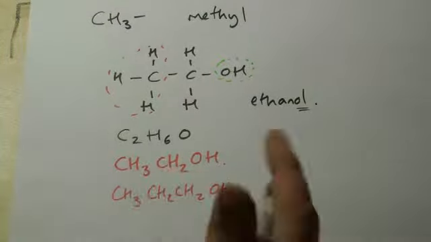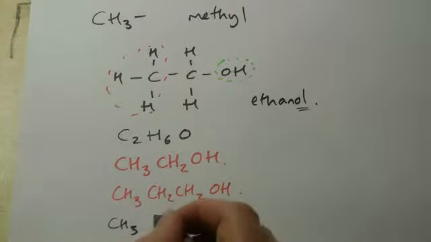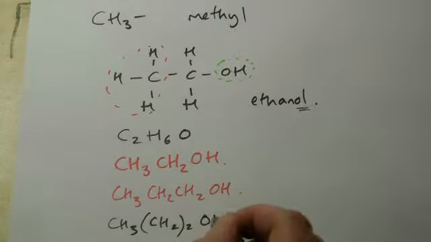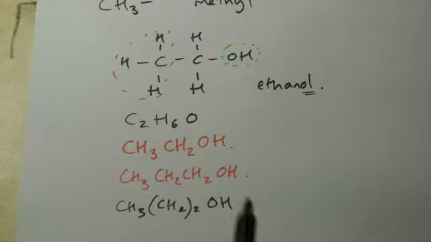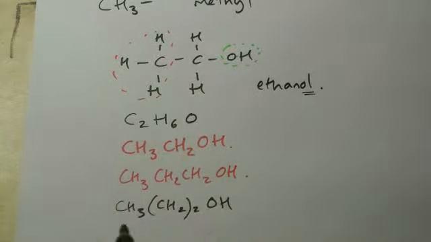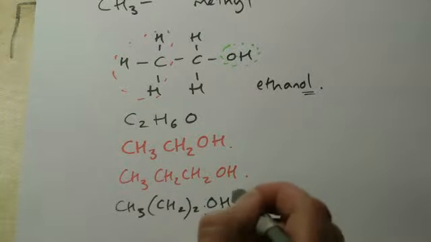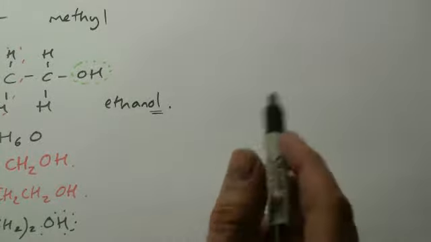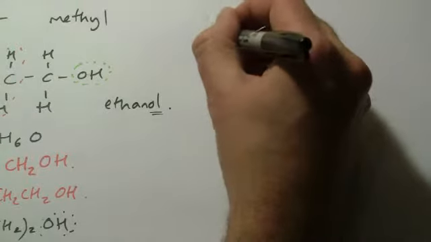I could, of course, write the same thing out like this, CH3, and use brackets, like in maths. I could write the whole thing out in this empirical formula, but it's not as useful to me as doing it like this. So methyl groups you'll come across a lot. Also alcohol groups.